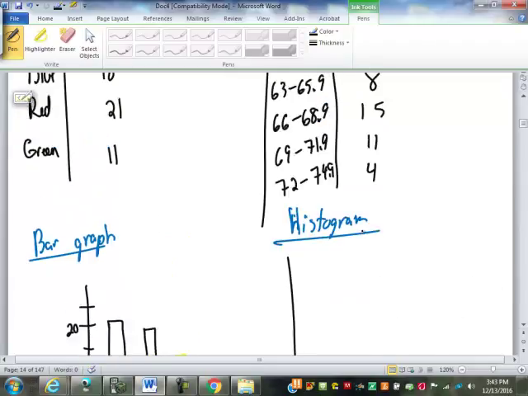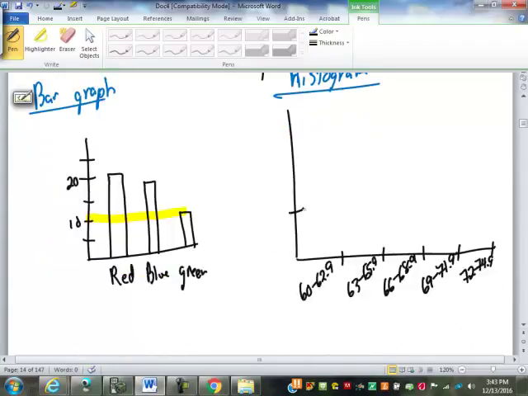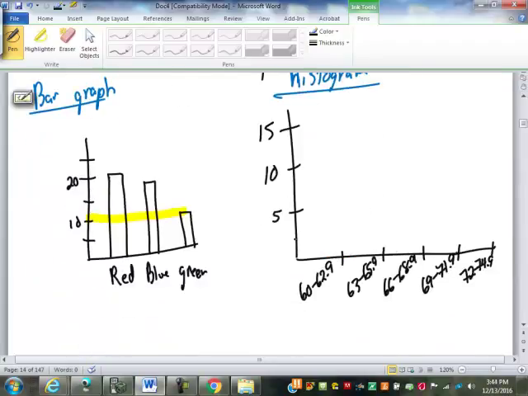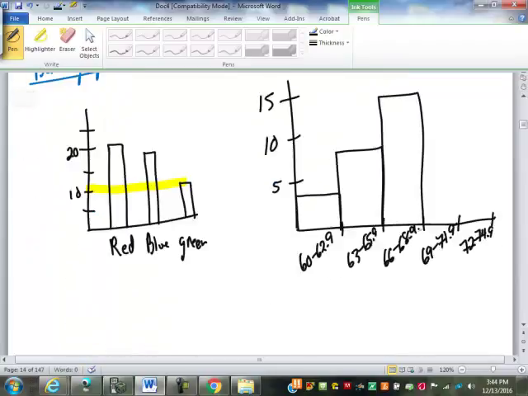And let's see, we got to go up to 15 for that one. So let's see, 3, 8, 15. So we've got 3, 8, 15, 11, and 4.